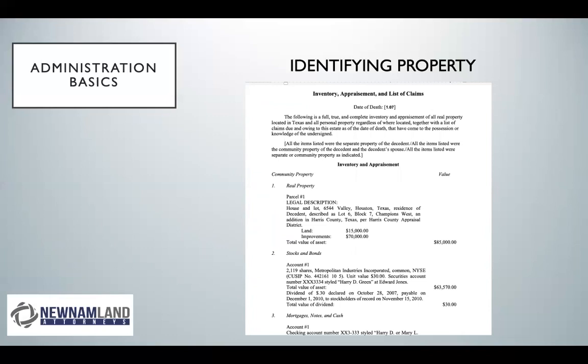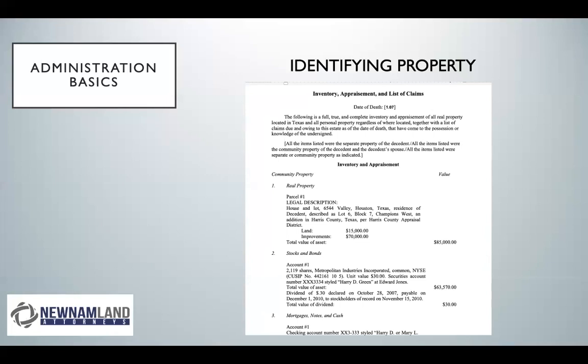So what the heck do I mean by part of the probate estate? If you listen to some of my previous talks, we learned that certain things, like beneficiary designations, which is probably the biggest one, or ownership with right of survival, can take property out of the probate estate.